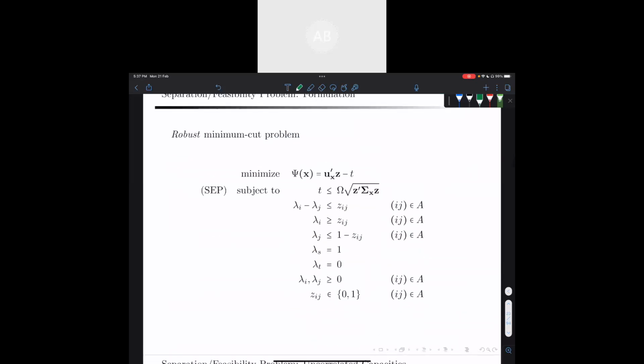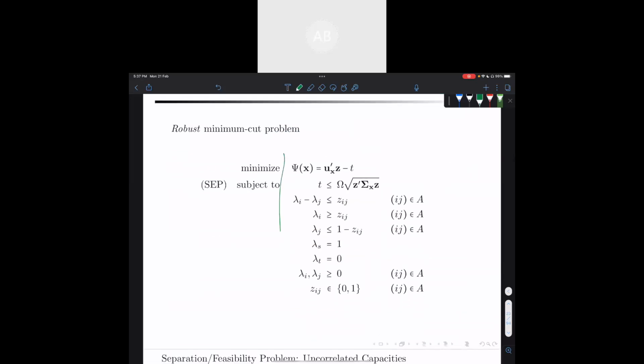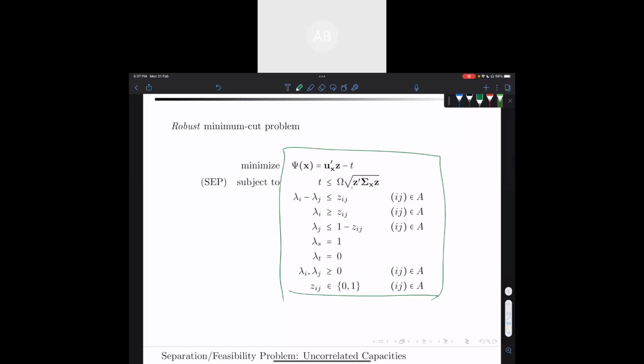One easy way is to reformulate this problem and use the trick that in the case of independent capacities, this term, which is the sum of sigma ij zi zj, with i and j ranging from 1 through n, becomes the summation from i equal to 1 through n of sigma i squared xi squared, right?